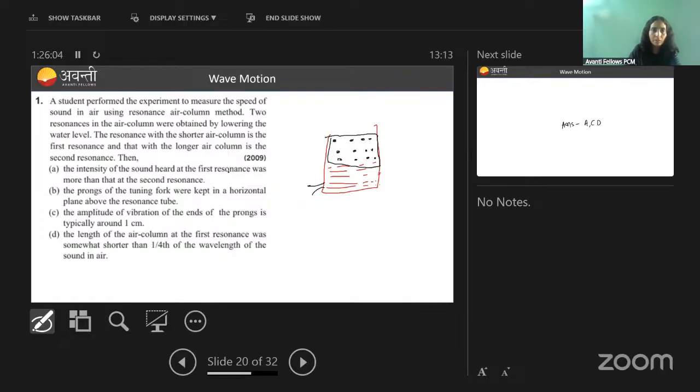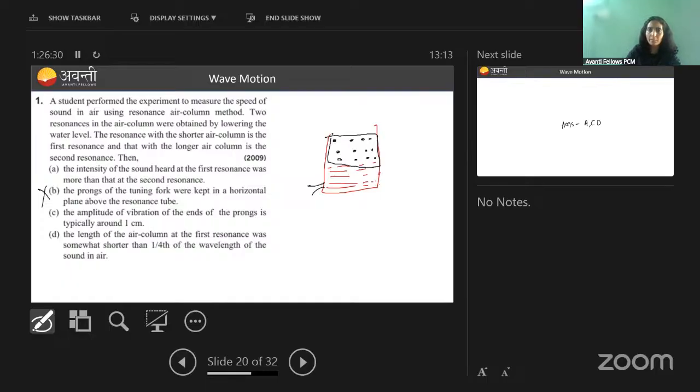So यहाँ पे एक option था, the prongs of the tuning fork were kept in a horizontal plane above the resonance tube. No, it will be kept in a vertical plane, then only it will be able to set this air column into vibration, otherwise it won't be able to. So option B is what? Wrong.